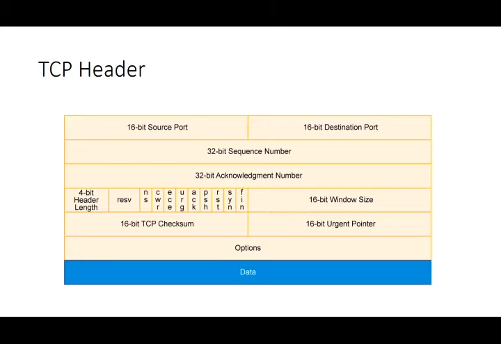If this TCP header were being used to communicate with a web server, that 16-bit destination port would be port 80. For HTTPS traffic, which is a variant of HTTP that uses TLS to encrypt the data in transit, that 16-bit destination port number would be port 443.